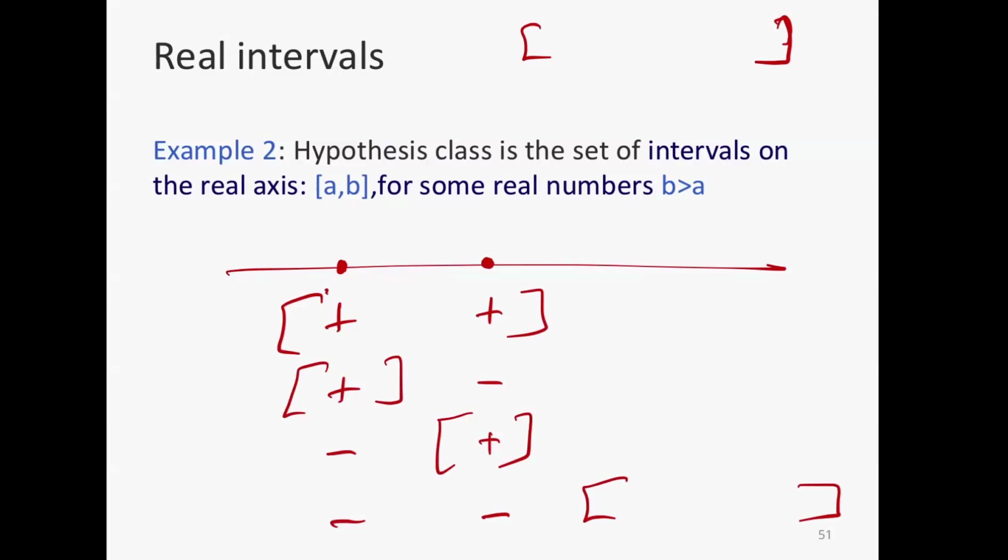The set of left-bounded intervals could not shatter 2 points, but the set of intervals can. This means that the set of intervals is more expressive than the set of left-bounded intervals. It can capture more concepts. It can capture this concept in particular, where the inner point is labeled a minus and the outer point is labeled a plus, which the previous one could not.